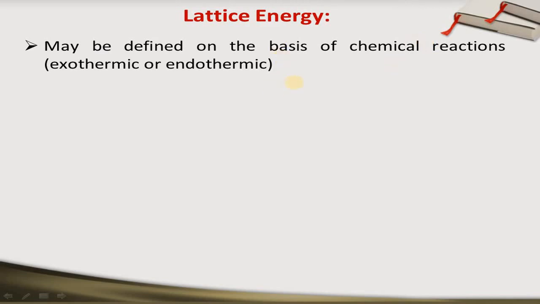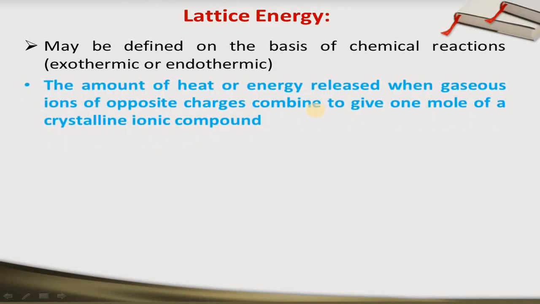If the reaction is exothermic, lattice energy can be defined in this way: the amount of heat or energy released when gaseous ions of opposite charges combine to give 1 mole of a crystalline ionic compound.